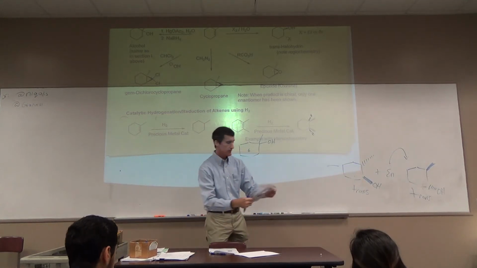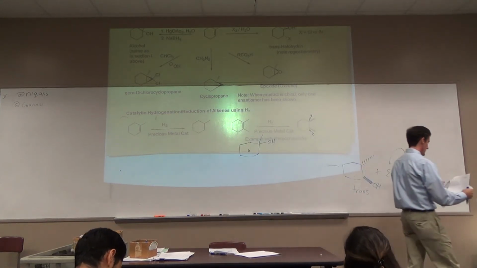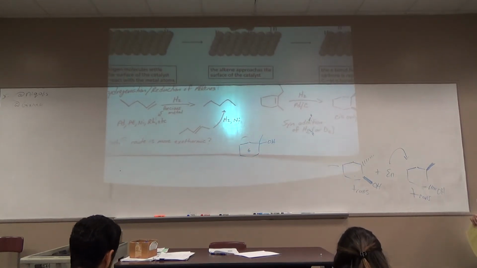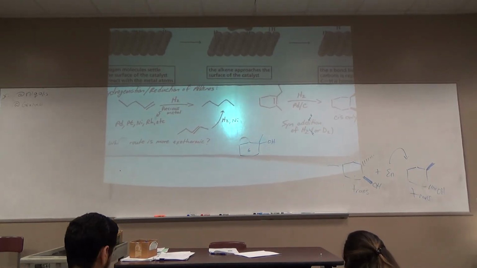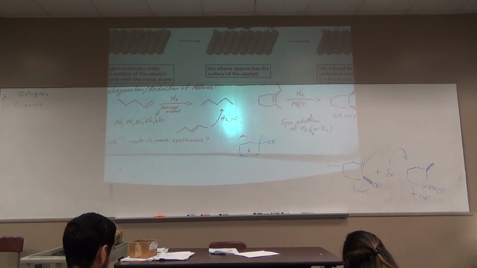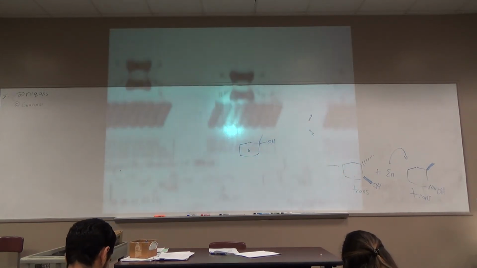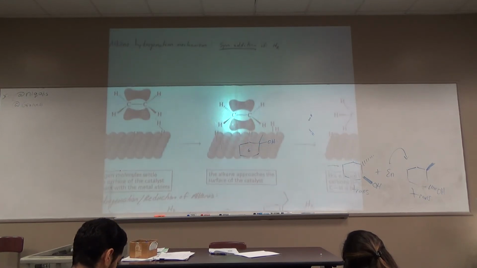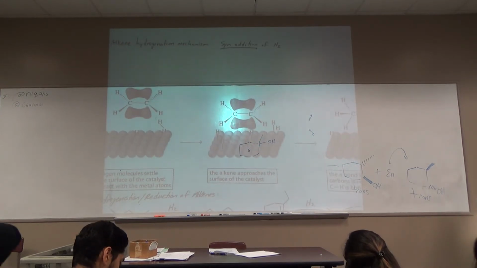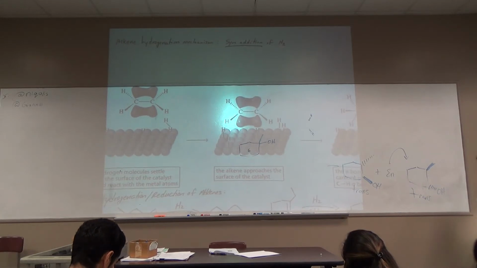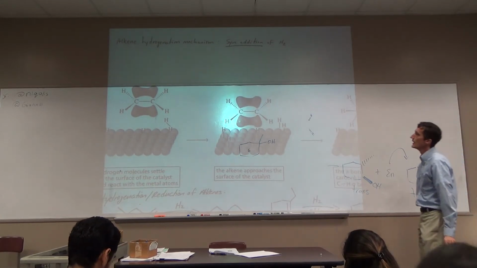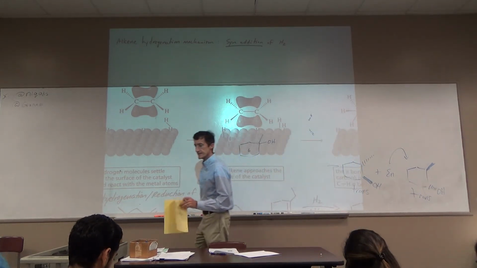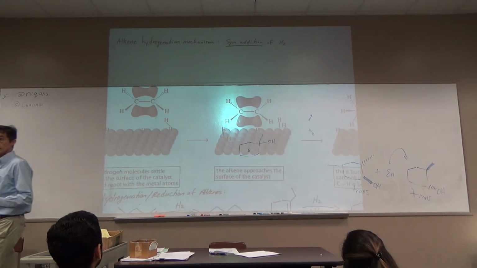So it's back over here on our... All right, we're not going to be doing a full arrow pushing mechanism for this. It's a syn addition of H2. Syn meaning cis.